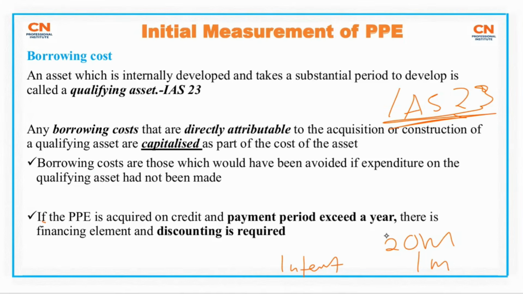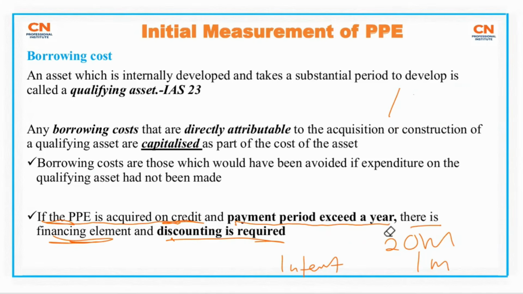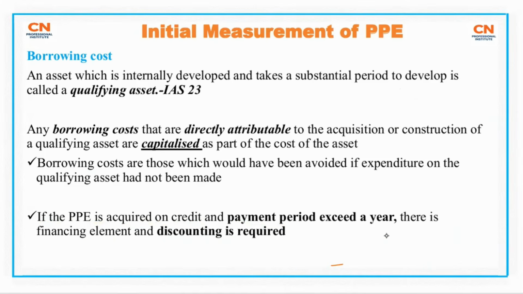Then the last one is saying if the PPE is acquired on credit and the payment term exceeds a year, there's a financing element, and therefore we need to discount it to present value. So this is what we mean. Let's say you purchase a building for 20 million, but this 20 million will be paid in 2 years' time.